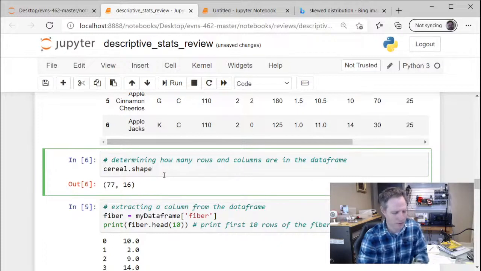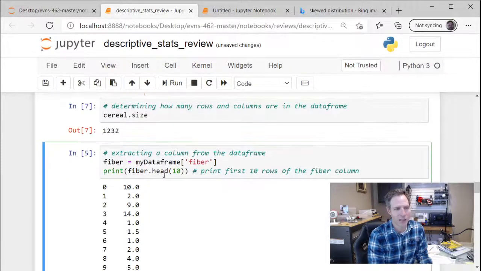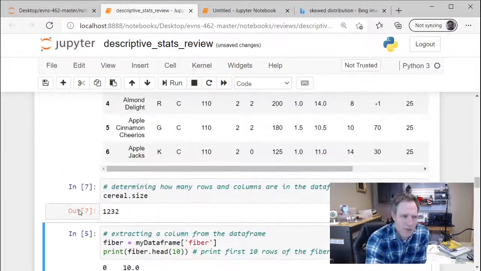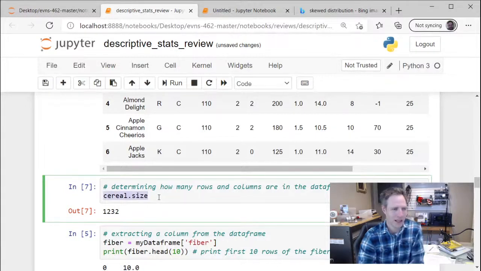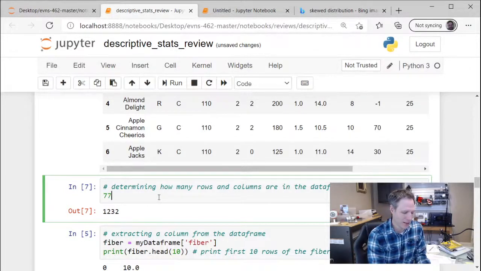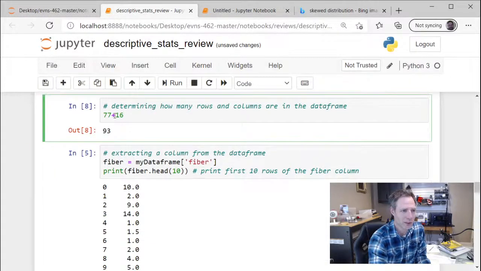You might say, well, what about size? Doesn't size just give me... Well, it gives me a number, 1232. What the heck is that? Well, it's 77 times 16. Oops, not plus.